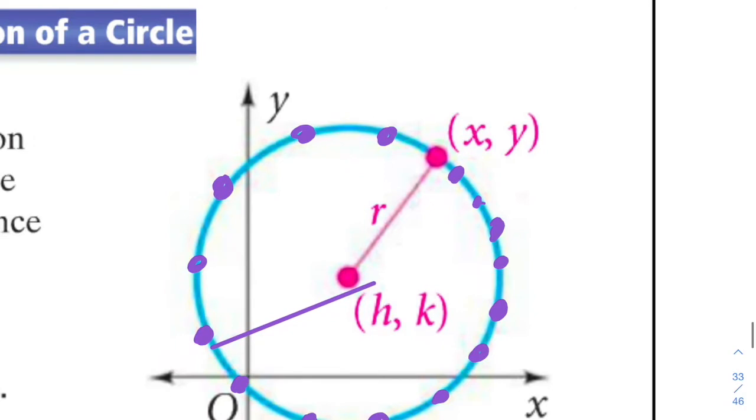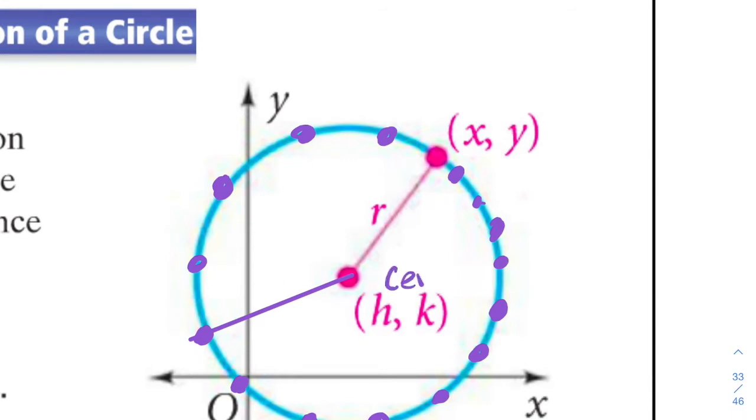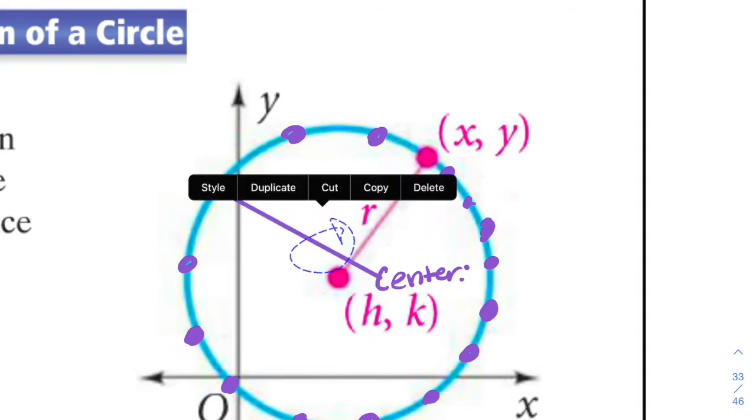What stays consistent is h and k, being the center. X and y could be any two numbers, as long as they work together to make sure that this distance stays the same as it rotates.